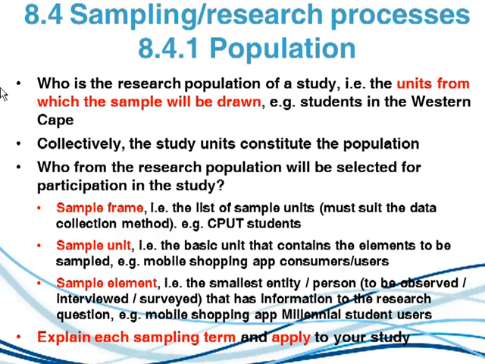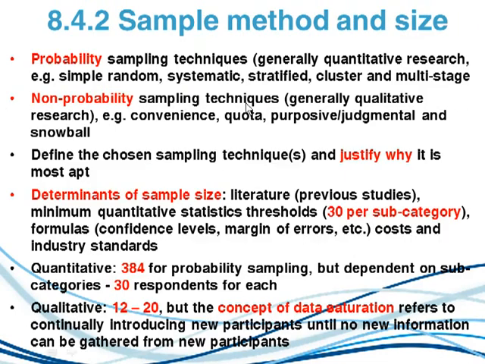You see how you can break it up. So that's just an example. Each sampling term needs to be defined and applied to your research. Then sample method, there's two types. There's probability and non-probability. So probability is like simple random sampling. You need a lot of money to be able to do probability sampling.